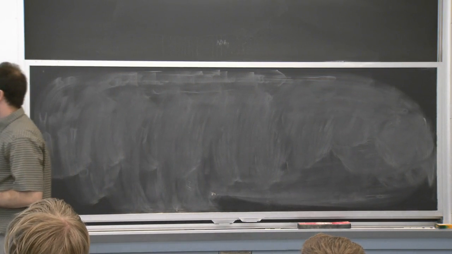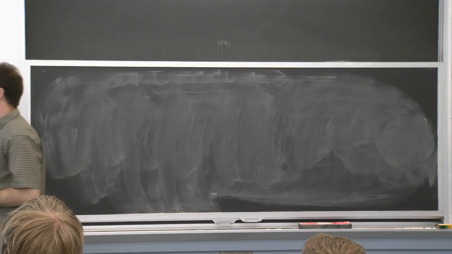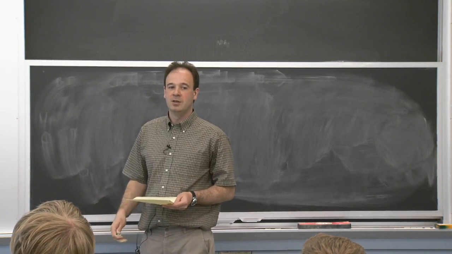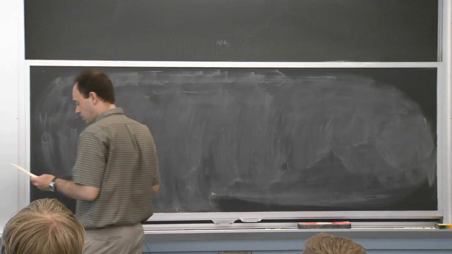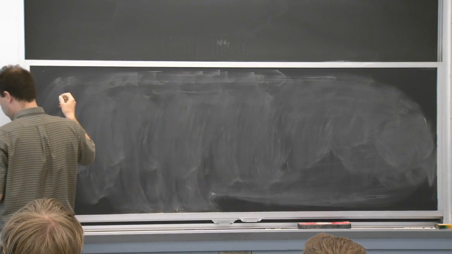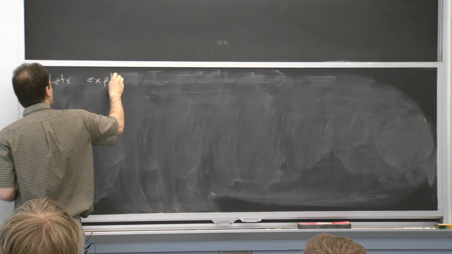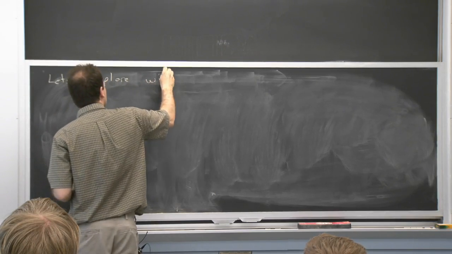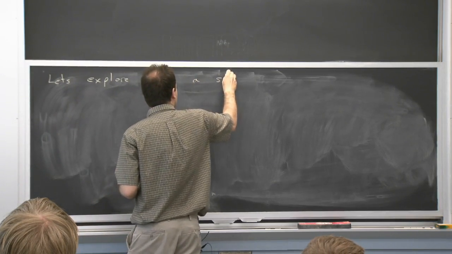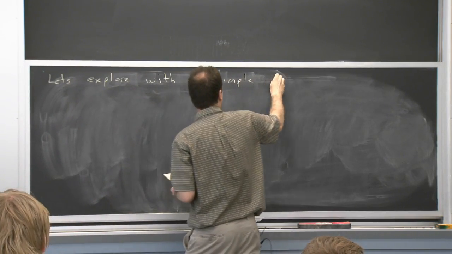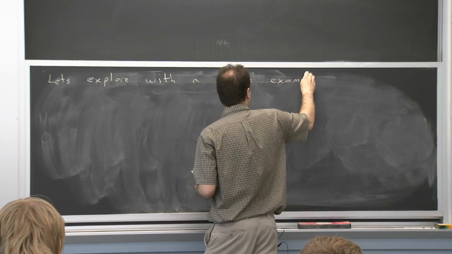Okay, so let's explore what can happen in an example where there are these divergences, in sort of the simplest possible example. There's enough going on that we want to make our lives as simple as possible.